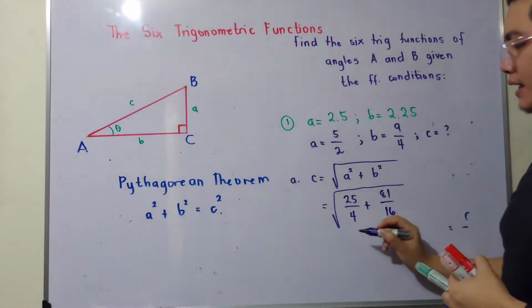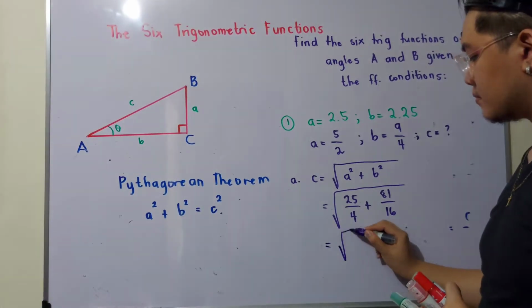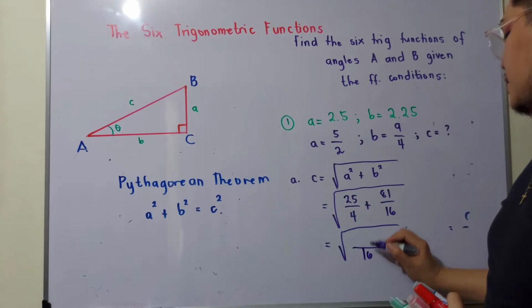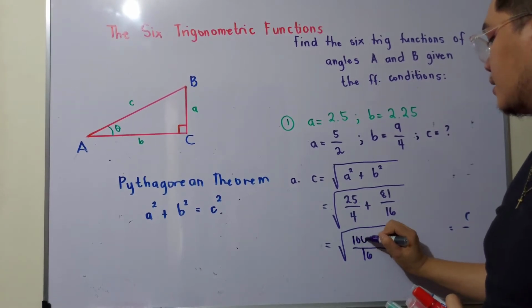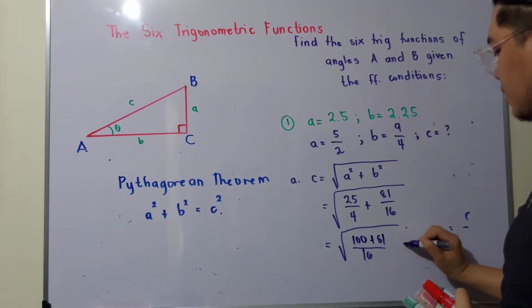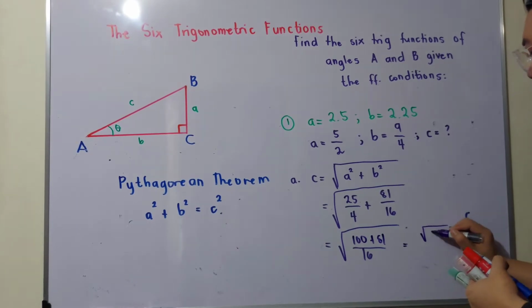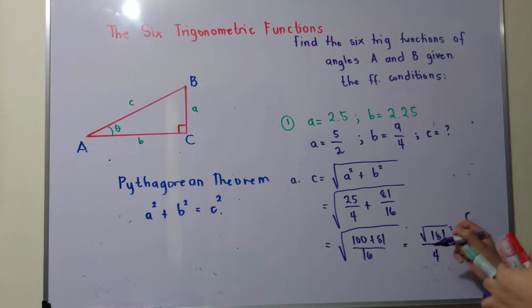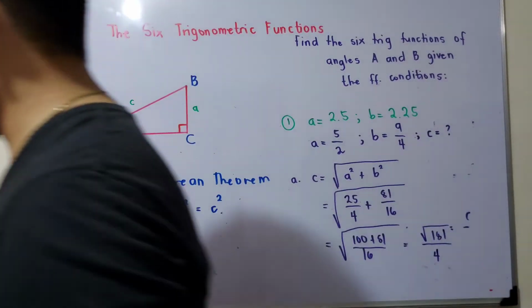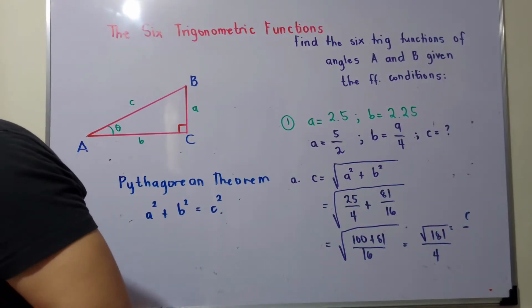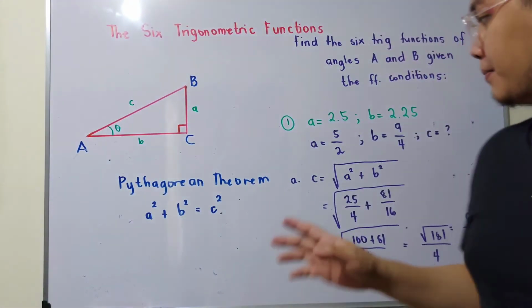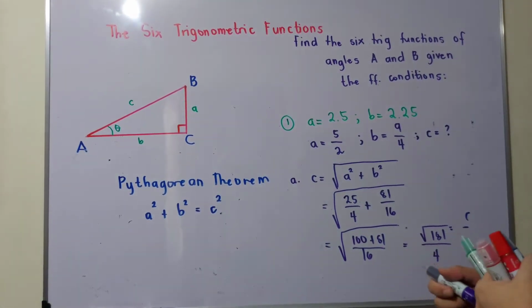Okay, pagkakombine natin sila, 16 divided by 4, 100, plus 81. So, that's square root of 181 over 4. Si square root of 181, wala nang pwede pa ma-simplify.